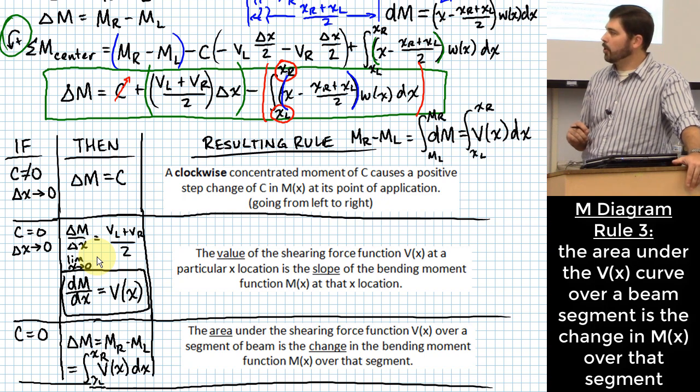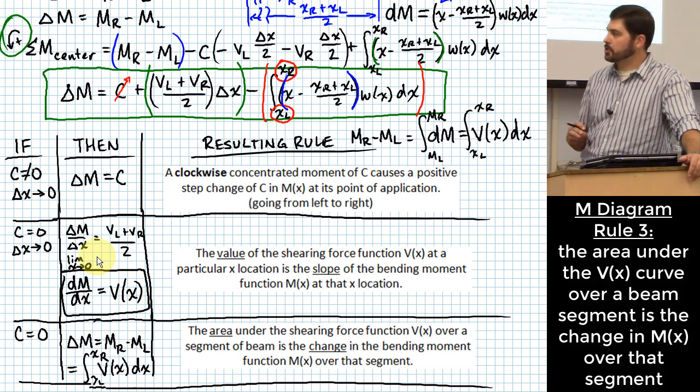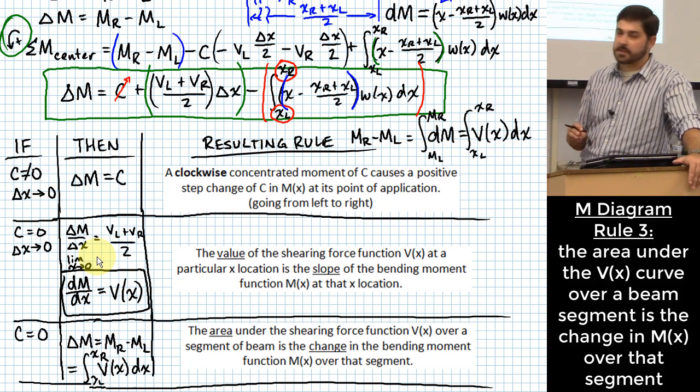You might notice that MR minus ML would be the change in my M of x function going from xL to xR. Make sense? So the area under that shearing force function V of x basically gives us the change in M of x.